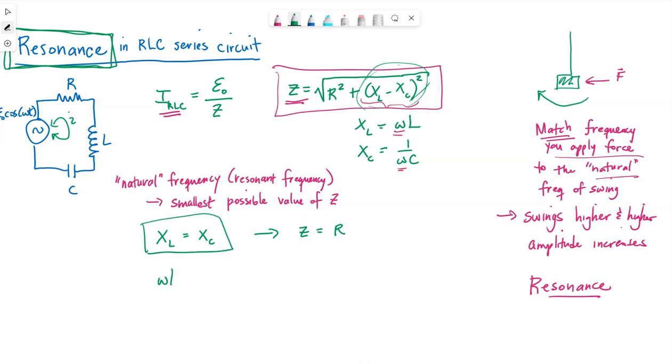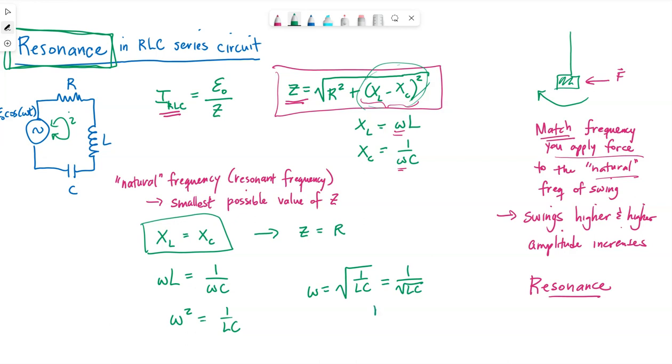Now, XL we know is omega L. XC is 1 over omega C. So if I get the omegas to the same side and solve, we find that omega is the square root of 1 over LC, which of course we could also write as 1 over the square root of LC.